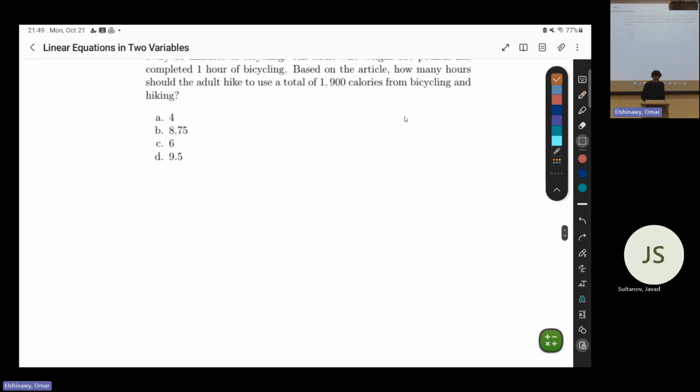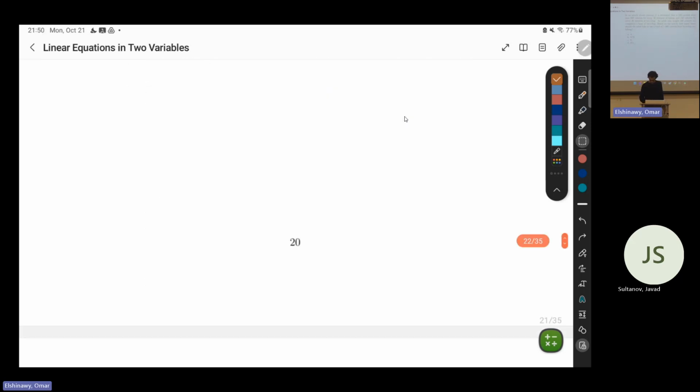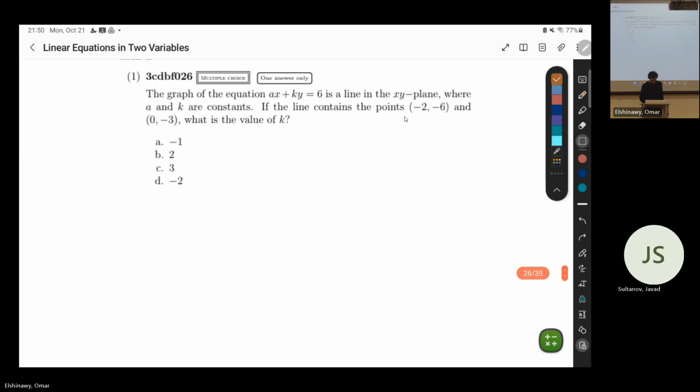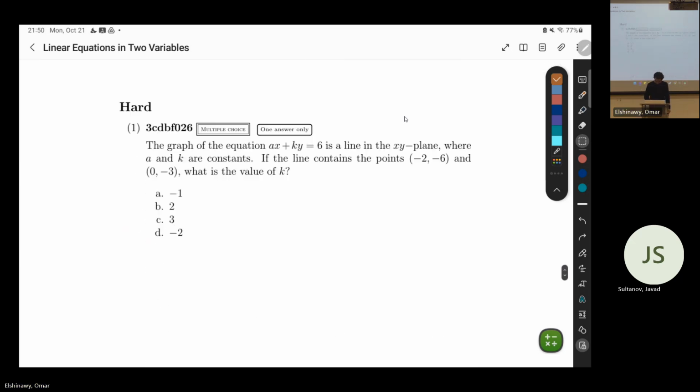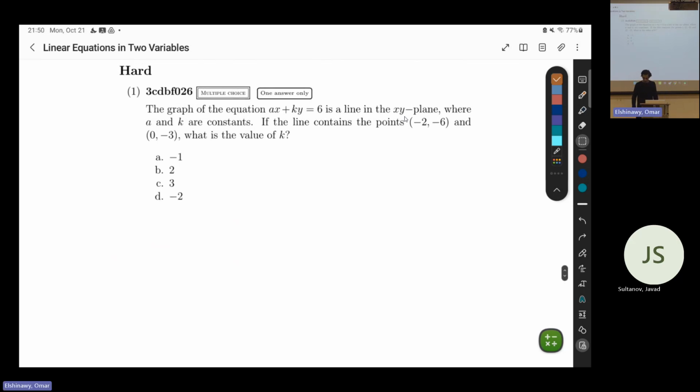And maybe I would like to do one of the quote unquote hard problems. So this is supposed to be a hard problem. There are no graphs whatsoever.